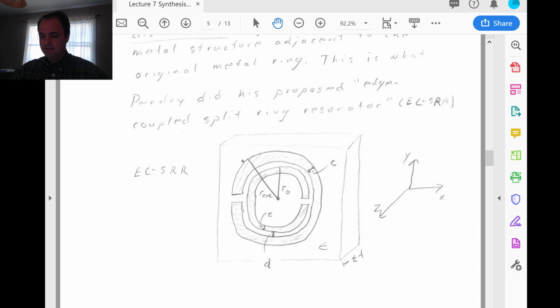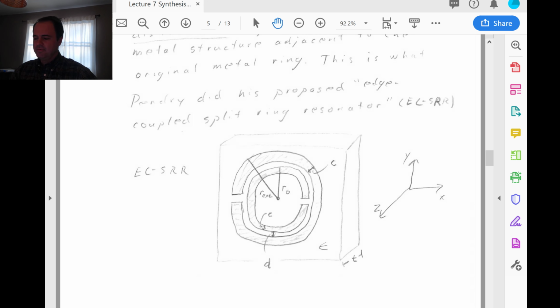So we have, let's say the inner one is the original, and then around it we put in the adjacent one. And so we have this metal dielectric metal interface everywhere around here, metal dielectric metal. But it's distributed over the entire structure.